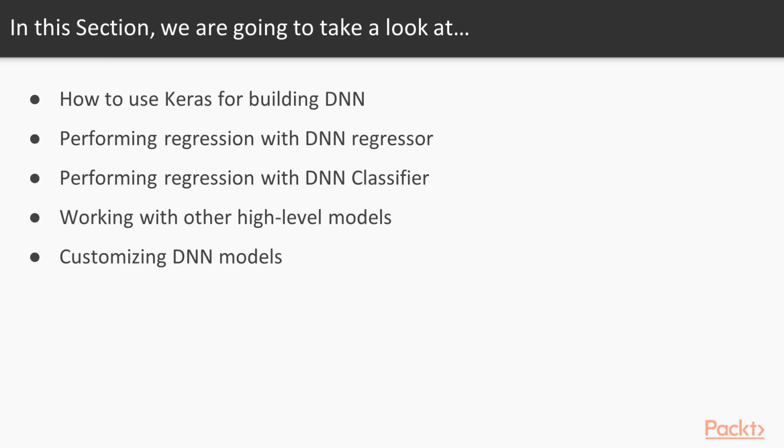And in the fourth video, we talk about the wide and deep model, which is another interesting type of model that has been implemented in an easy-to-use high-level class in TensorFlow. Finally, in the last video, we provide some advice on how to customize some of the elements in your deep learning model. So this is the plan for this section.